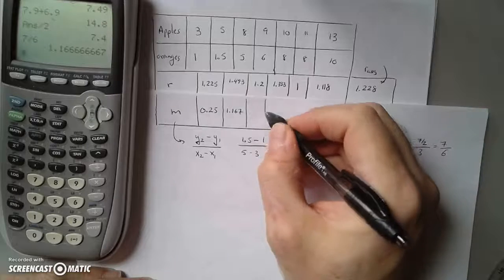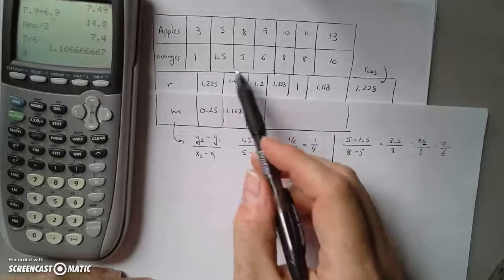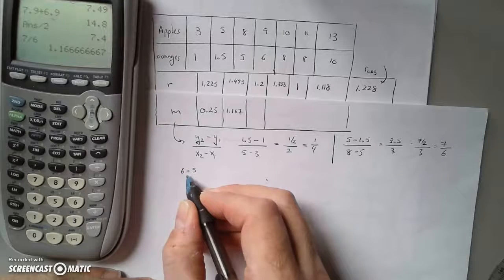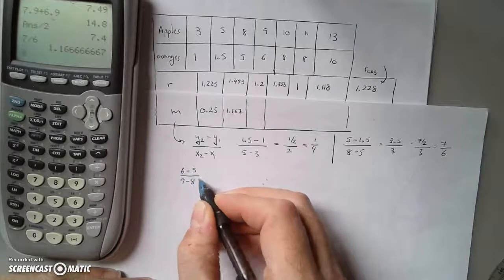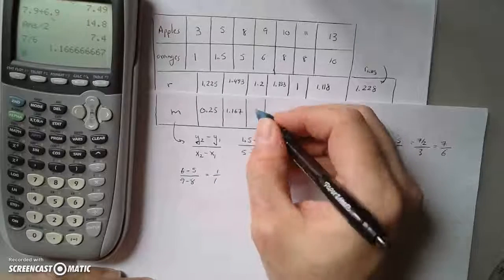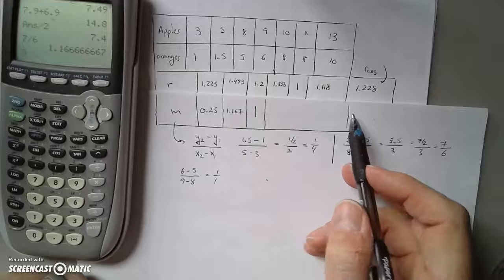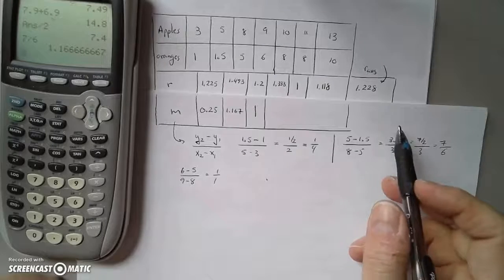So in this fashion, do one more. We're going to compute slope between pairs of points. Here's one more. We'll do 6 minus 5 over 9 minus 8. That's 1 over 1. So let's fill out the rest of this table, find the average, and then I'll show you what to do next.